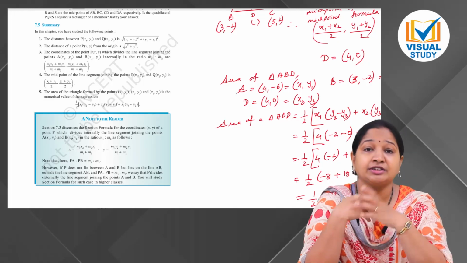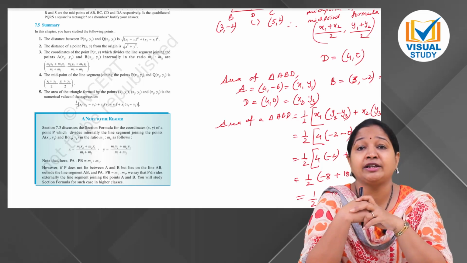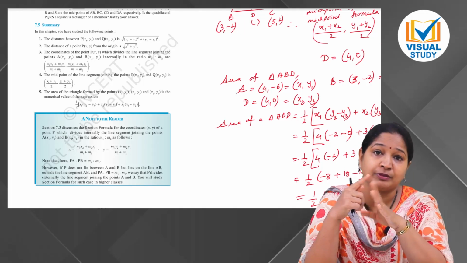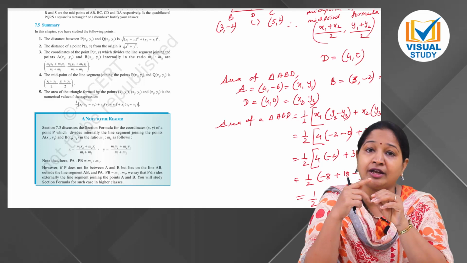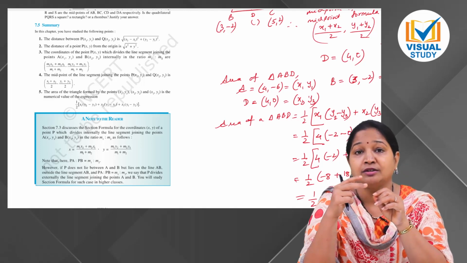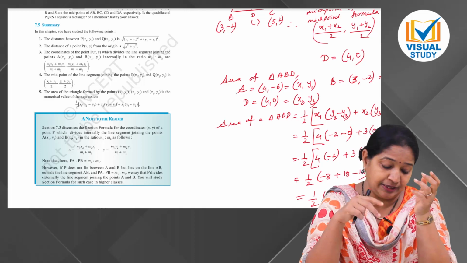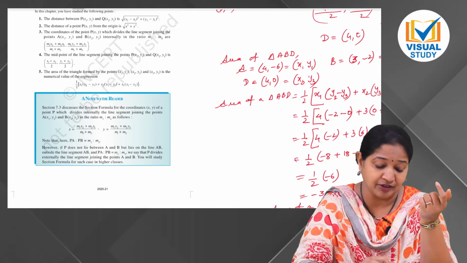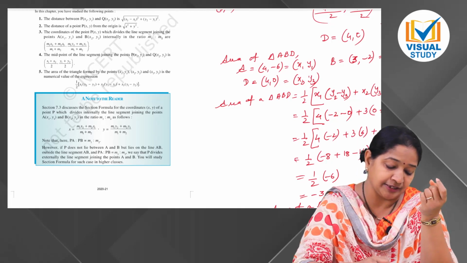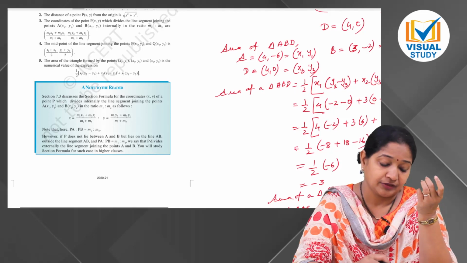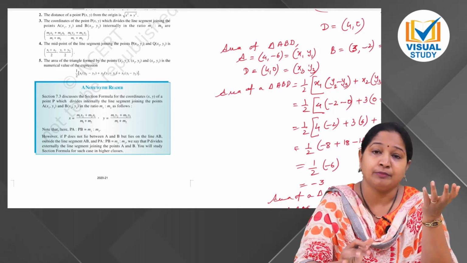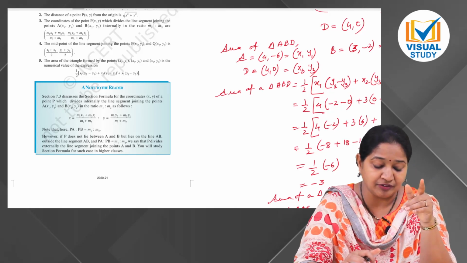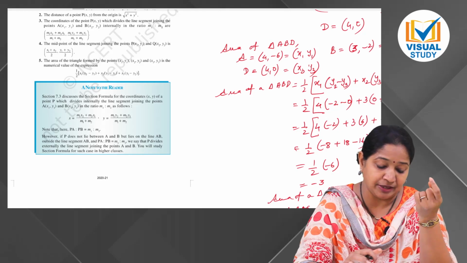Then the section formula, dividing internally in the ratio m1 is to m2: (m1 x2 plus m2 x1) upon (m1 plus m2), and (m1 y2 plus m2 y1) upon (m1 plus m2). Midpoint formula: (x1 plus x2) upon 2 and (y1 plus y2) upon 2. And the last formula, area of a triangle: half into x1 (y2 minus y3) plus x2 (y3 minus y1) plus x3 (y1 minus y2).